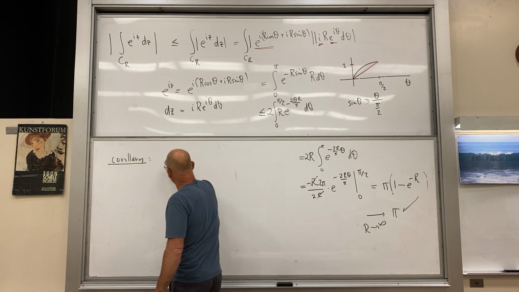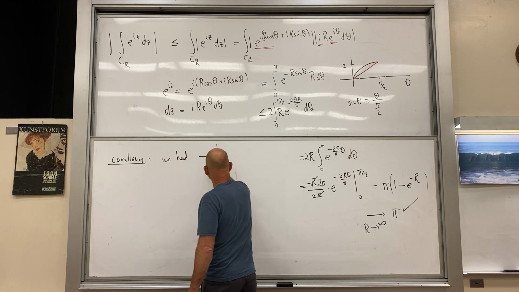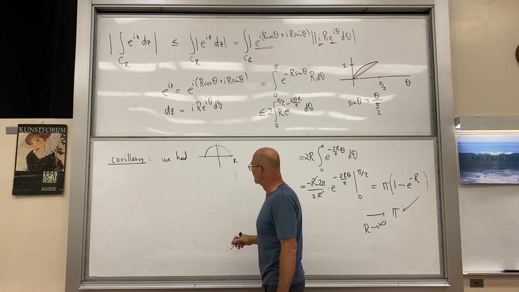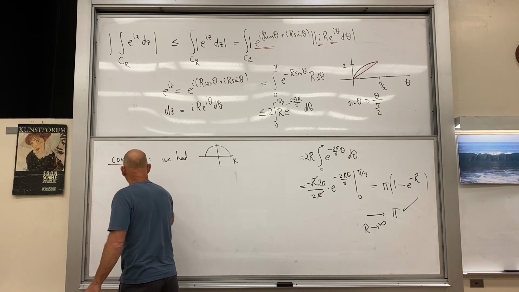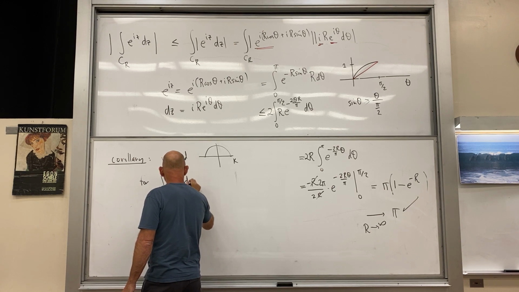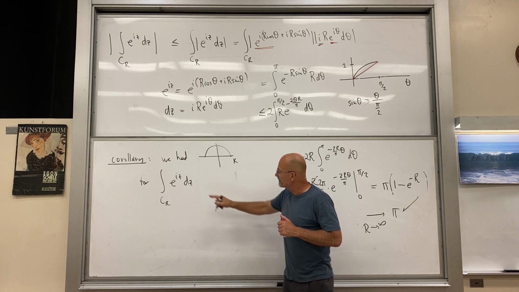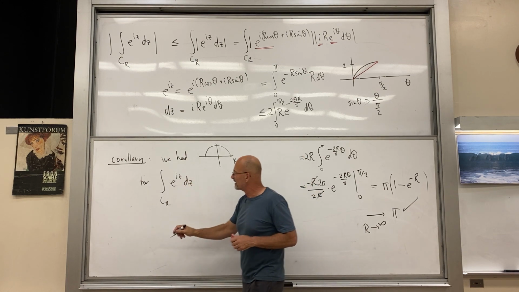Namely, we had this path here for the integral of e to the iz dz, right? What if we have e to the minus iz?